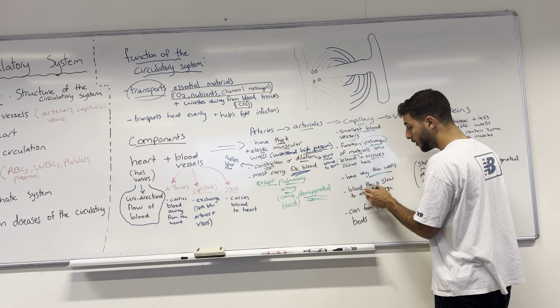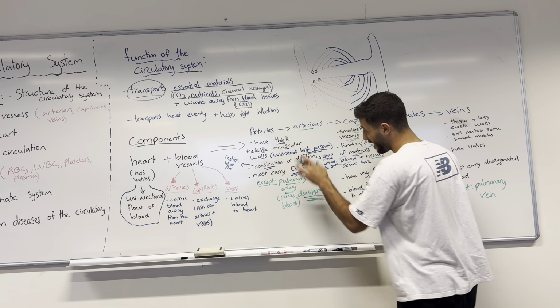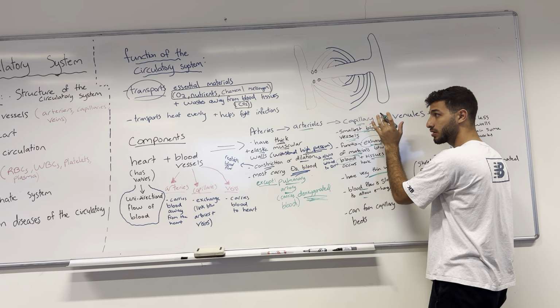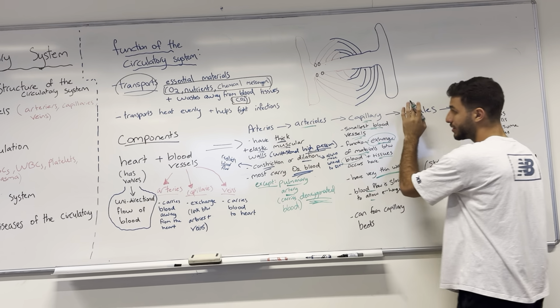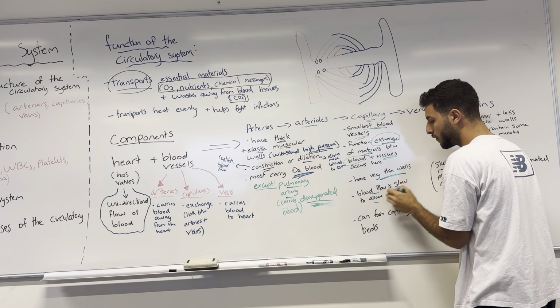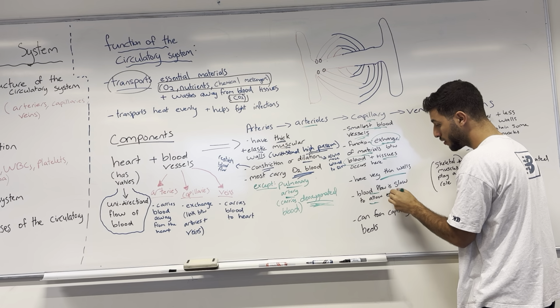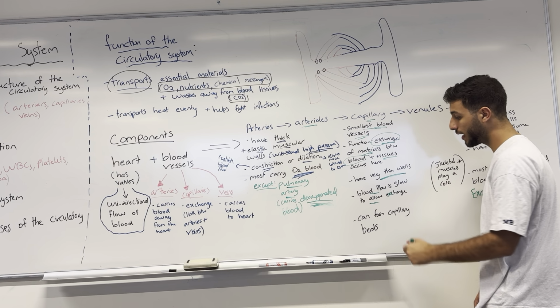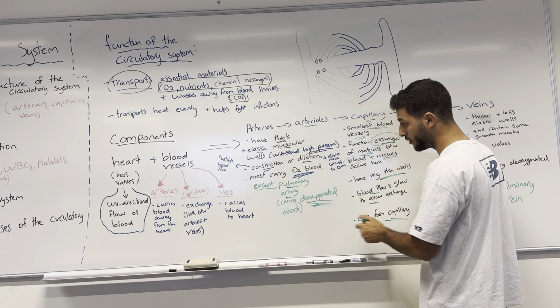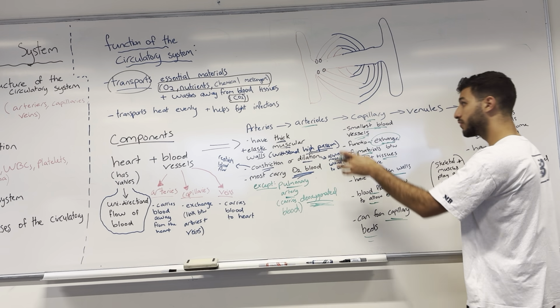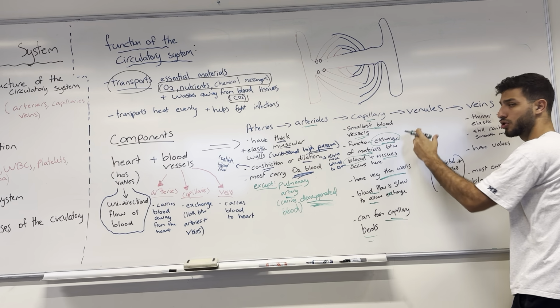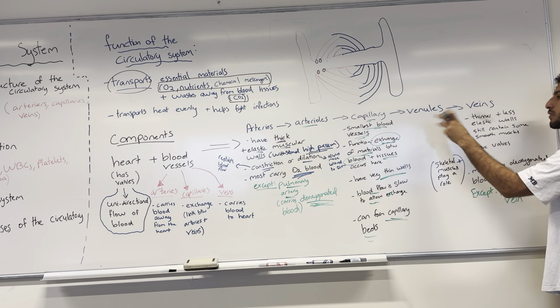Also, blood flow is high at first and then it decreases, because pressure is also decreasing. Since blood flow is slow, there is more time for exchange to occur, and they can also form capillary beds.